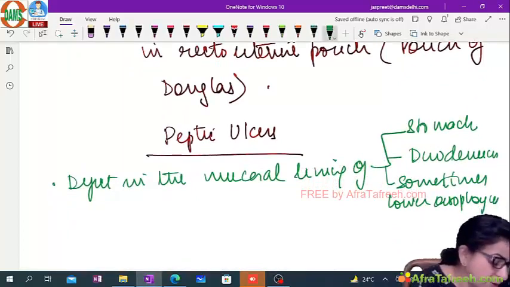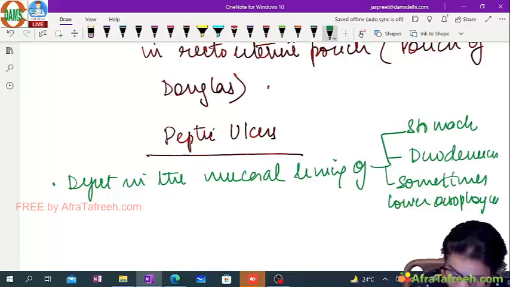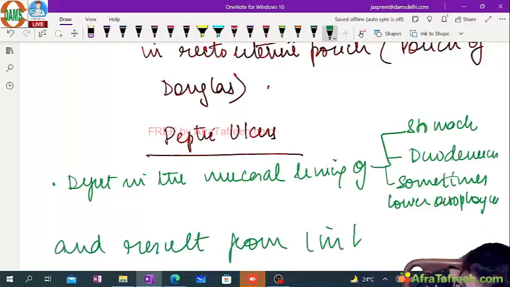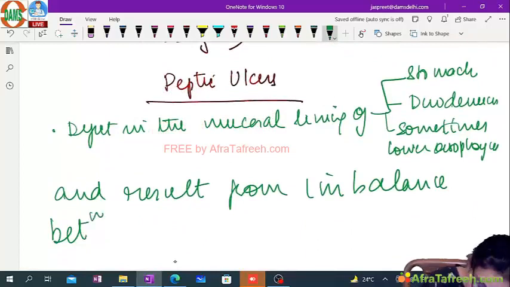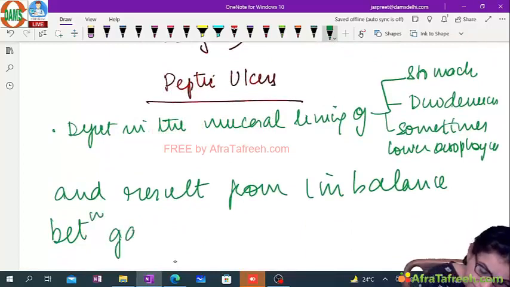It results from an imbalance between gastric defense mechanisms and damaging factors, which you already know.